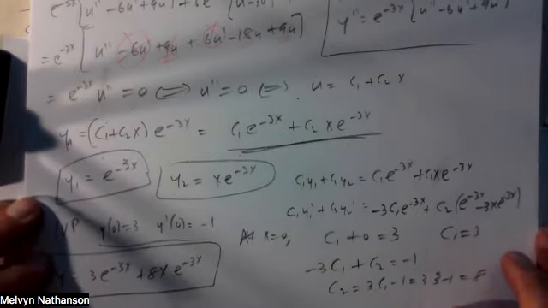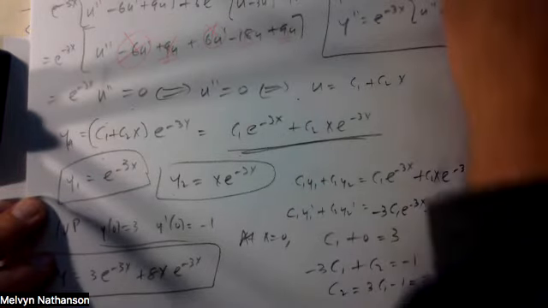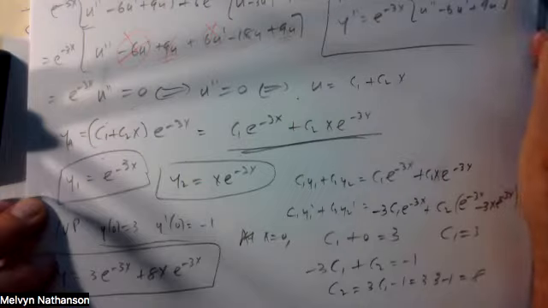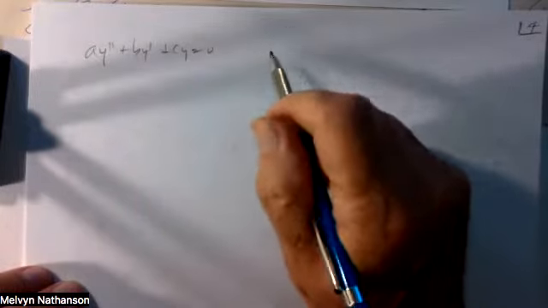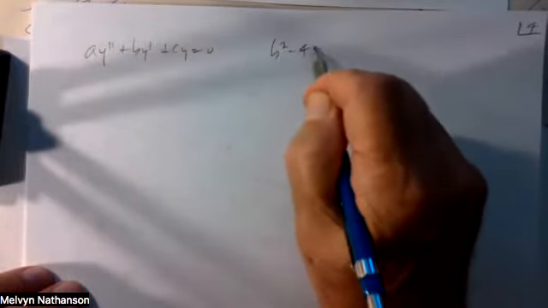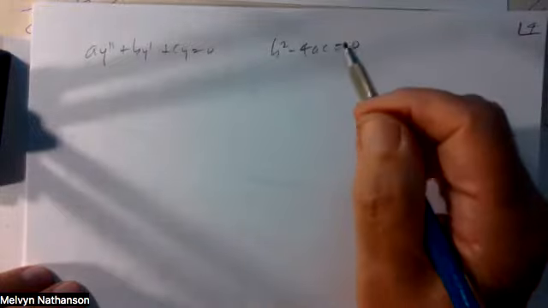And if we want to see whether this is true in general, the general proof goes through just the way we solve this particular case. So we have ay double prime plus by prime plus cy equals 0, and b squared minus 4ac equals 0.